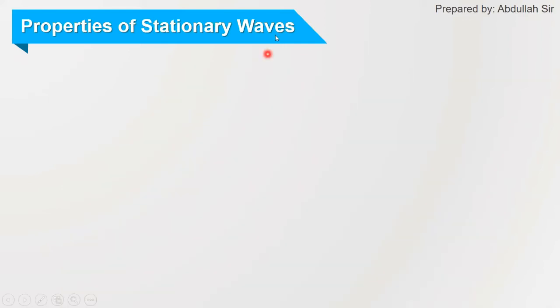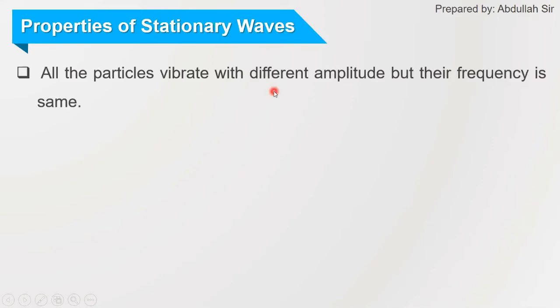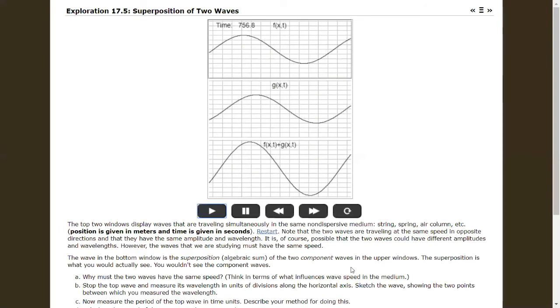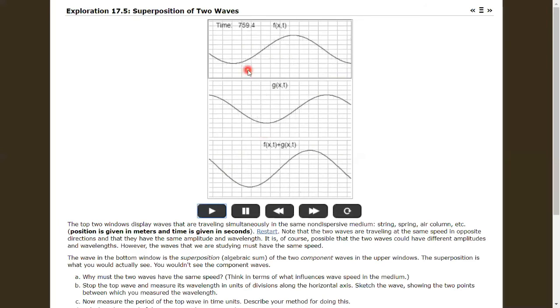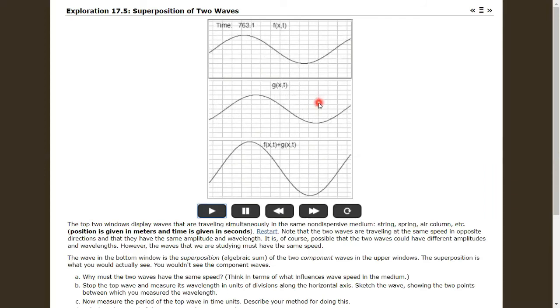The next property of a stationary wave is that all the particles vibrate with different amplitude, but their frequency is the same. To understand this, we are going to see the animation. In this animation, the first wave is traveling towards the right and the second wave is traveling towards the left.